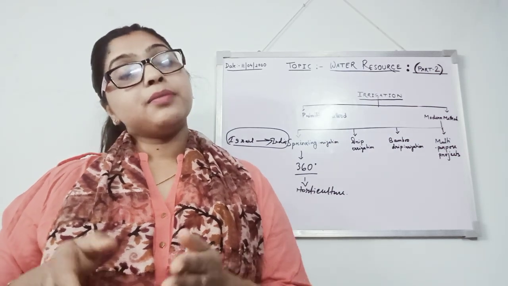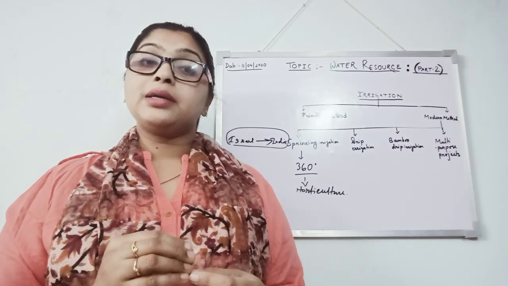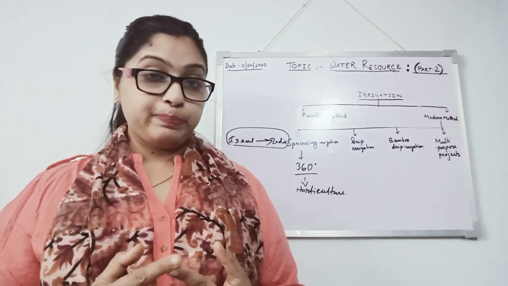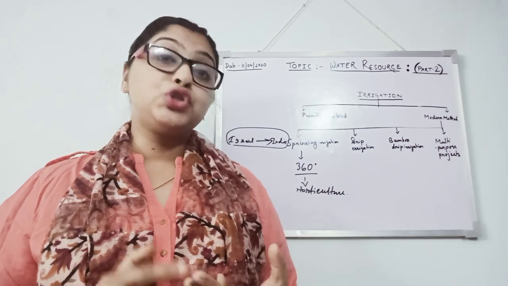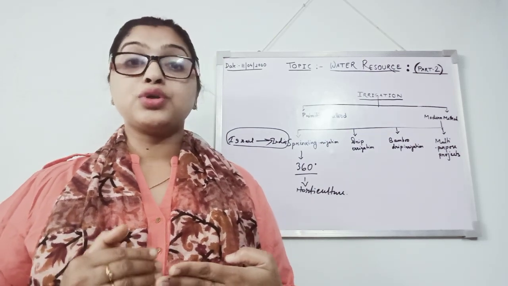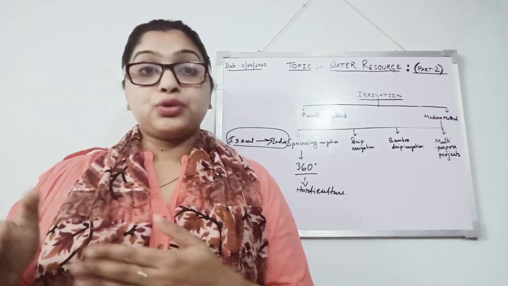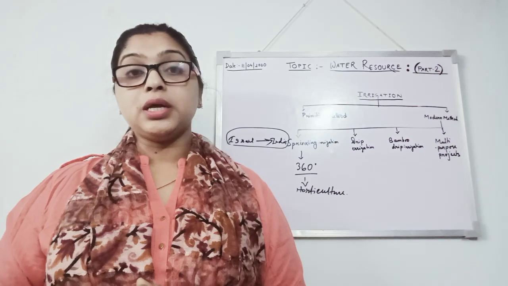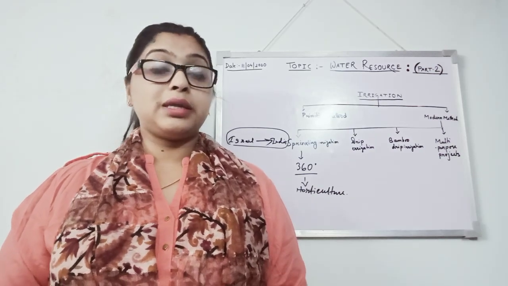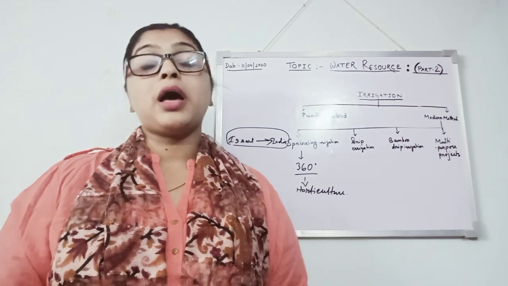Here we can also see some disadvantages. For crops like paddy, sugarcane, jute, which need the maximum amount of water, like more than 150 centimeter and up to 200 centimeter of water, sprinkler irrigation is not suitable because they need the maximum amount of water.